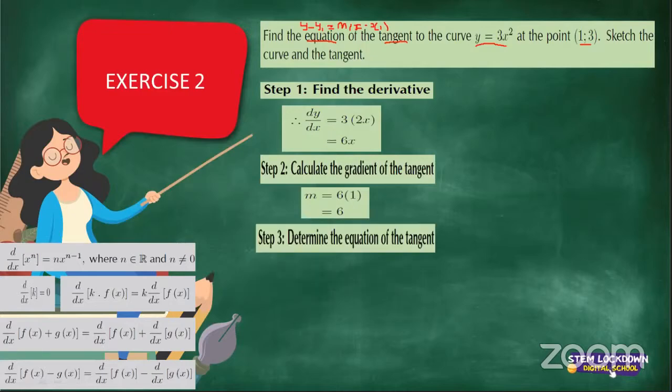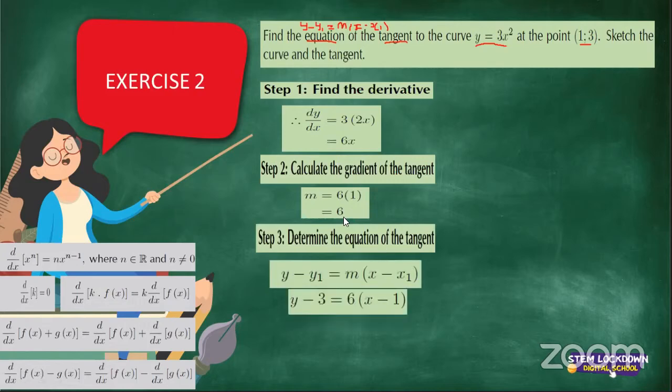Then afterwards, you substitute your values, okay? You have your gradient, you have your x value, which is 1, and your y value. And then multiply your 6 and x, positive times negative, which is negative, okay? And then this is your equation.